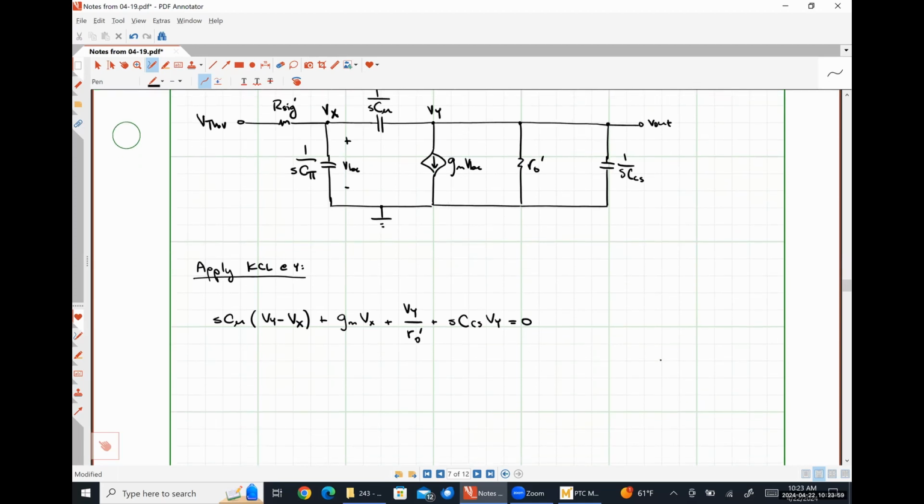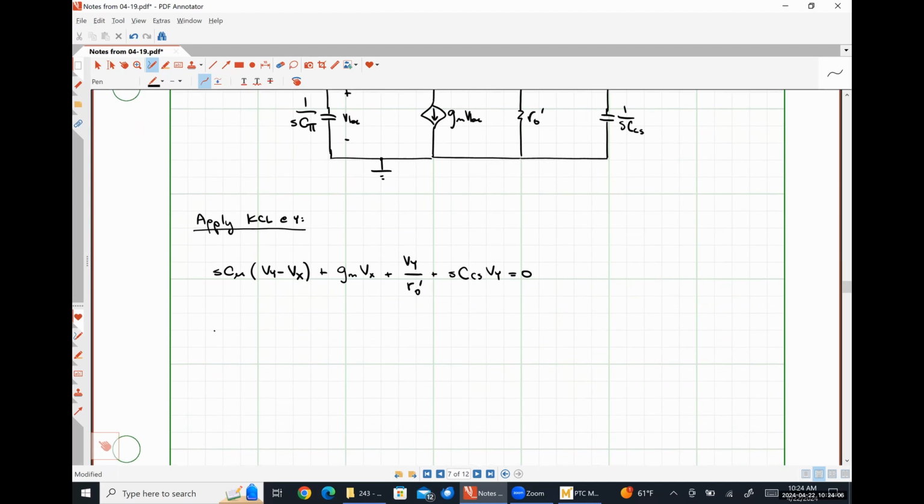I'm going to lump all of my Vy terms on one side of the equal sign, all of my Vx terms on the other side. And so what I wind up getting is Vy times S C mu plus 1 over R naught prime plus SCCS is equal to Vx times S C mu minus GM.